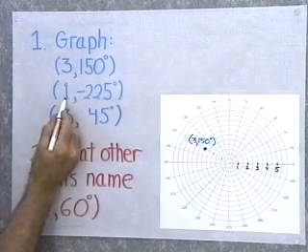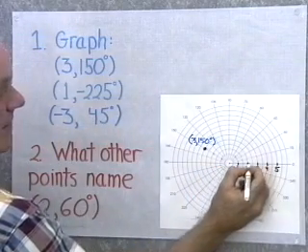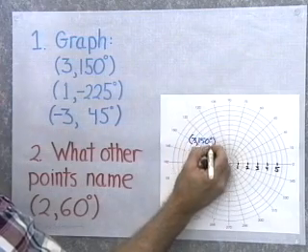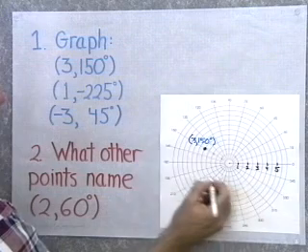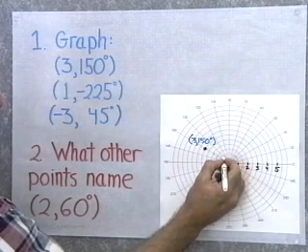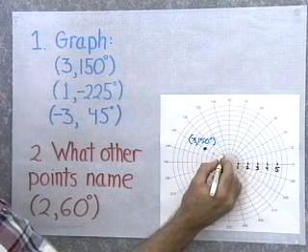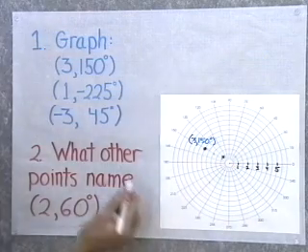Now, my next point is 1, negative 225 degrees. So I start here at my positive x-axis, and I go back 225 degrees, and I go 1 unit out on that ray. So that is this ray right here that's at negative 225 degrees, and I want to just go 1 unit back out on it. So this is the point then, 1, negative 225 degrees. I won't write the coordinates there.